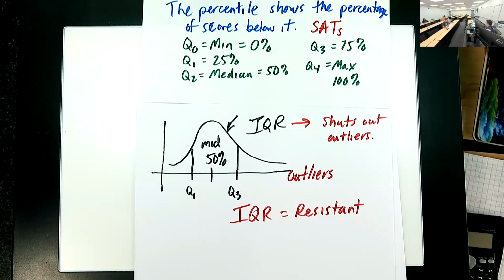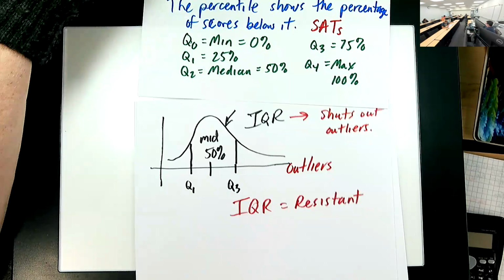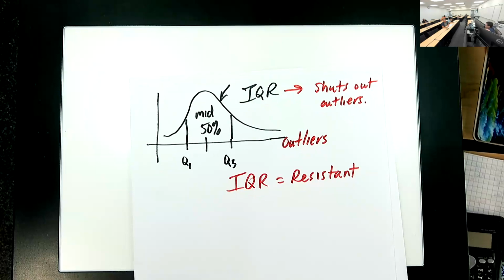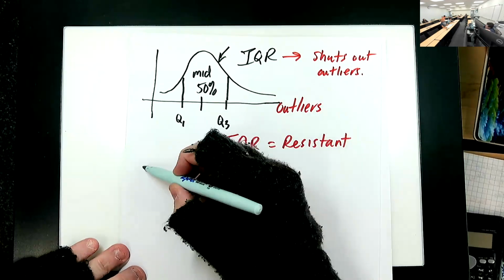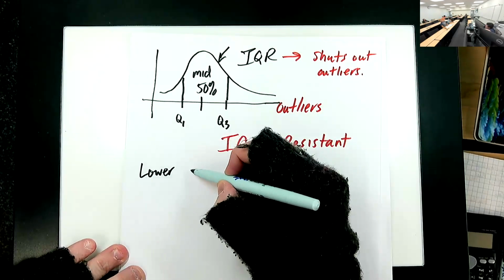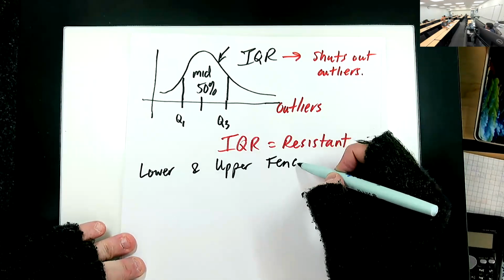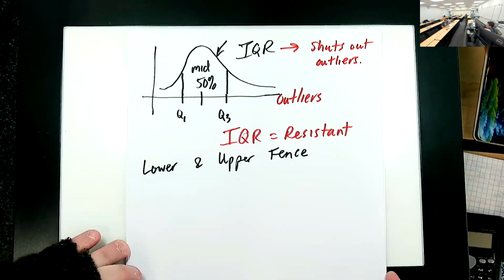Where do we define an outlier for this stuff? Let me show you. For this skewed stuff, this is how we do outliers. We find something called the lower and upper fence. And it's a fairly easy calculation.